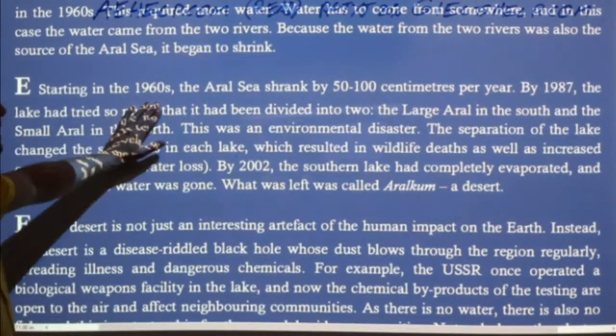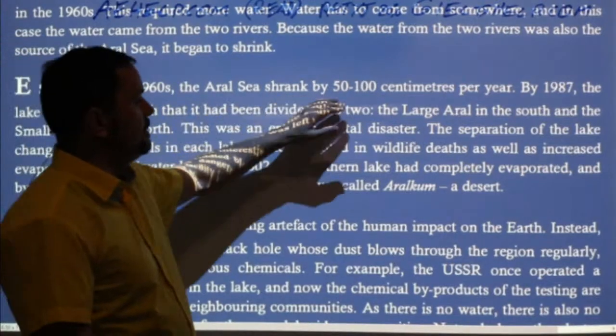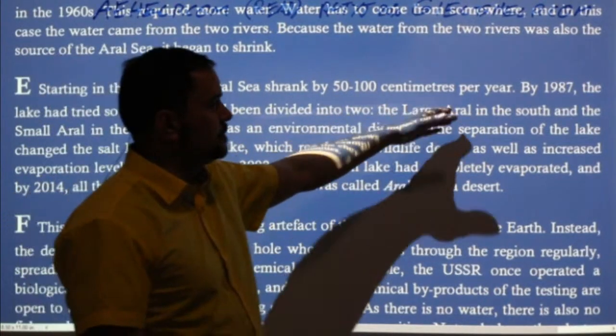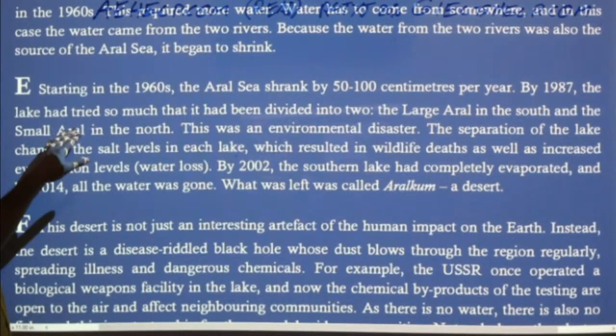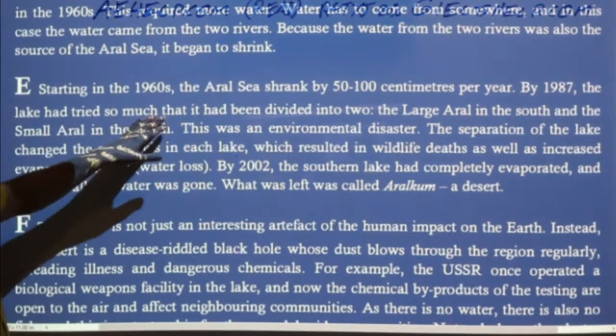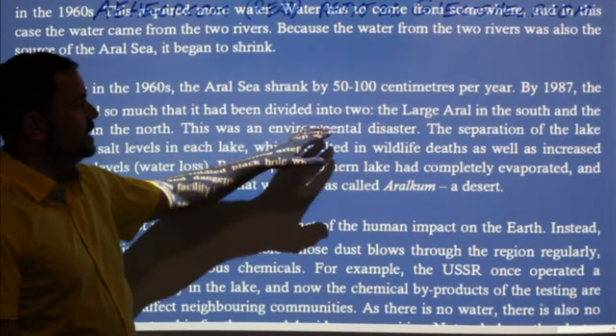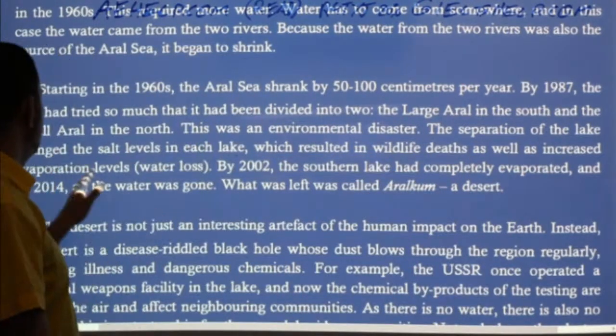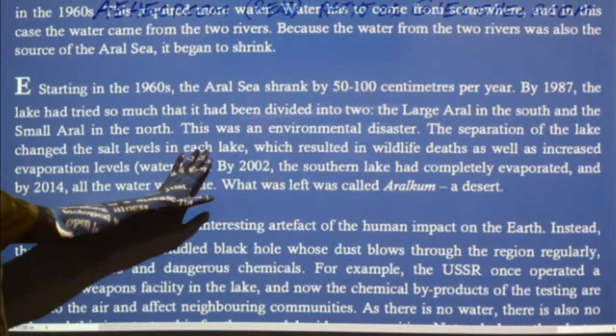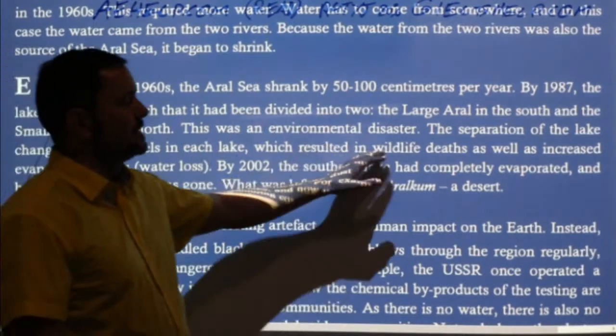Starting in the 1960s, the RLC shrank by 50 to 100 centimeters per year. By 1987, the lake had dried so much that it had been divided into two: the large Aral in the south and the small Aral in the north. This was an environmental disaster.